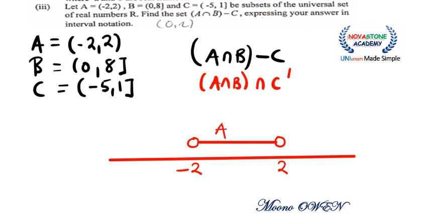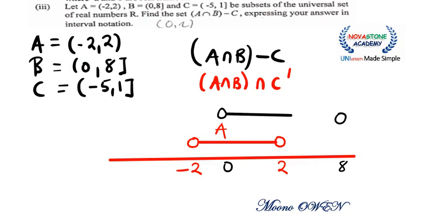Now I come to B. B is from 0 to 8. So if I put my 0 here and let's say we put our 8 there, we are moving from 0 to 8.